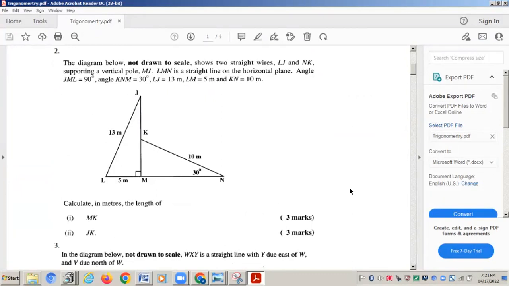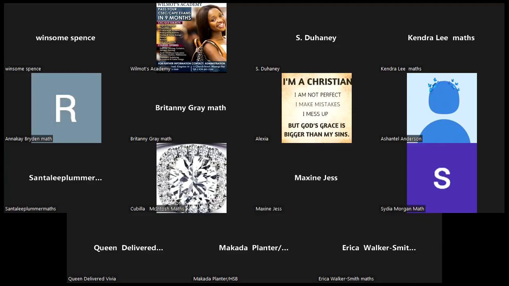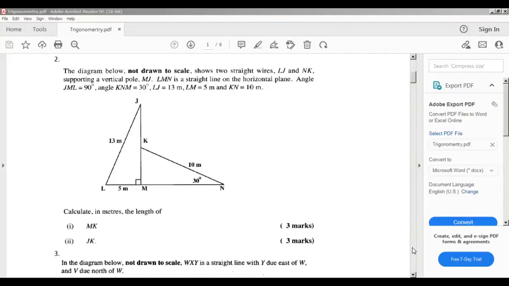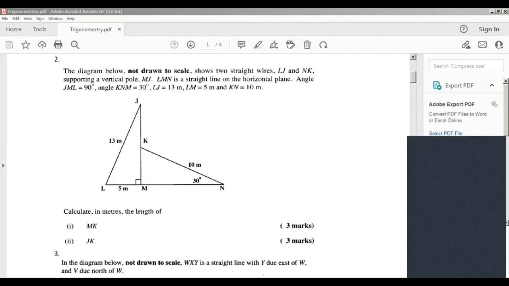Let me stop share and share again. Are you guys seeing it now? Still blurry. Anybody has experienced the blurriness?